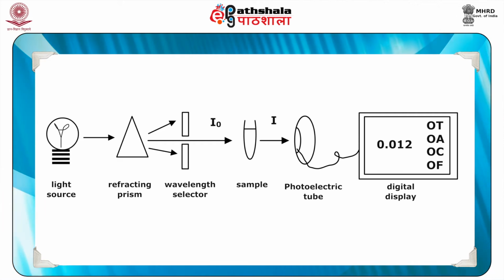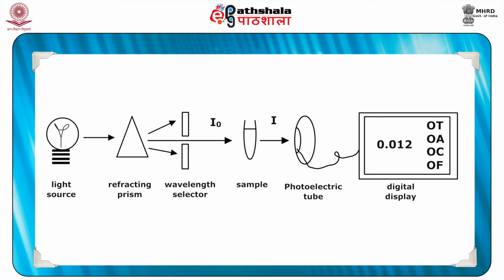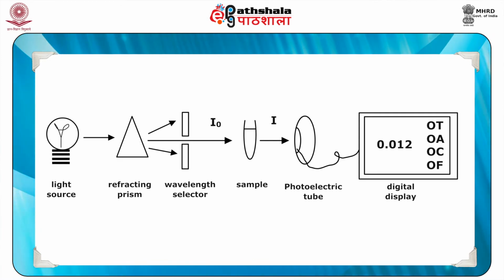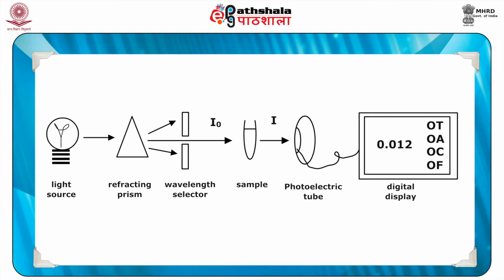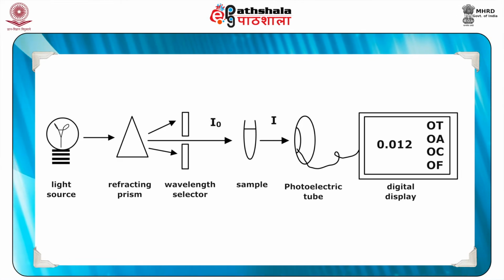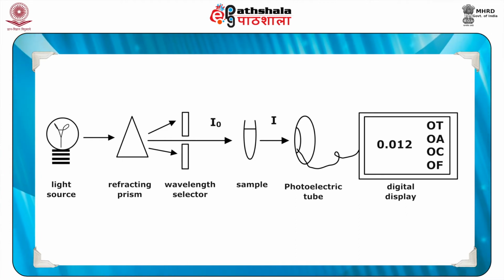Micromolar amounts of substrates can easily be measured as the absorptivity, or molar extinction coefficient epsilon, is usually in the range of 10 to the power 3 liters per mole centimeter, and absorbance readings typically lie in the range 0.1 to 1 units.